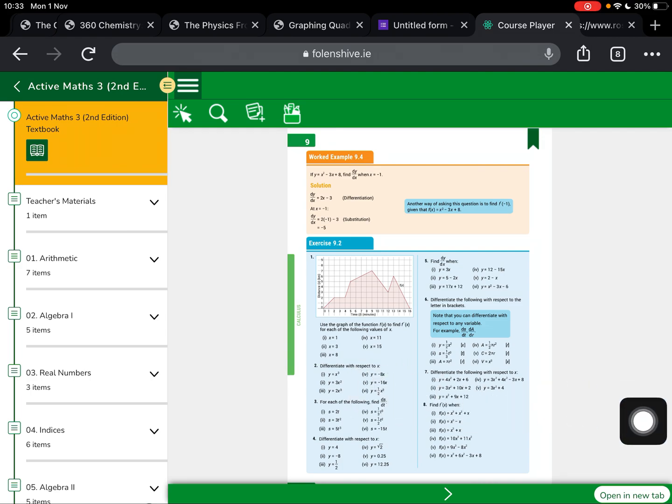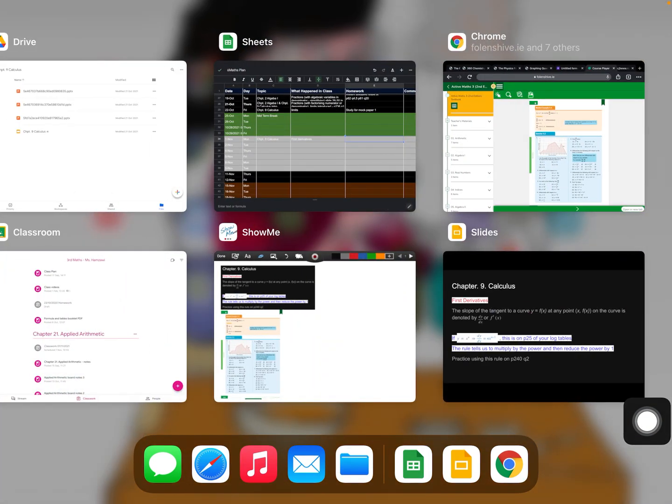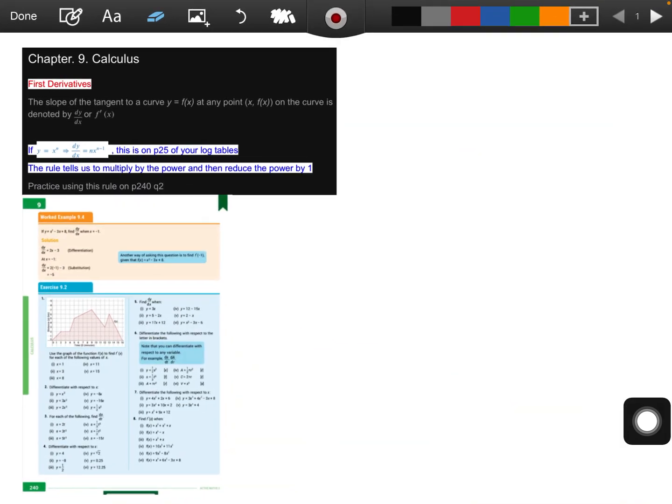So we're differentiating with respect to x. Okay, so let's do question 2, part 1 together.